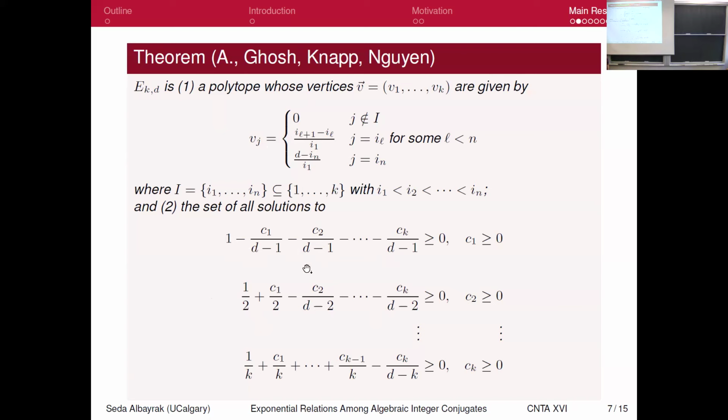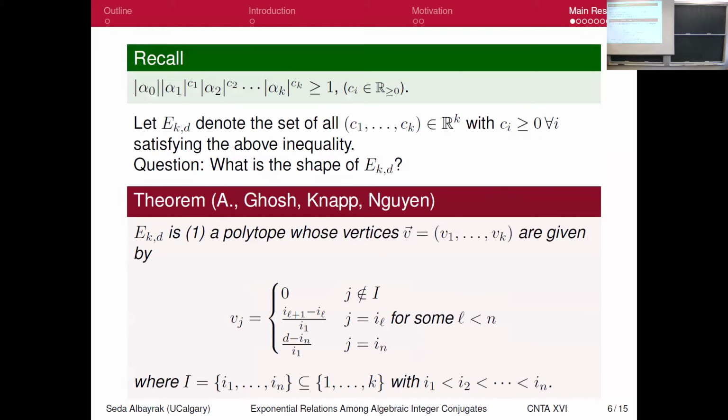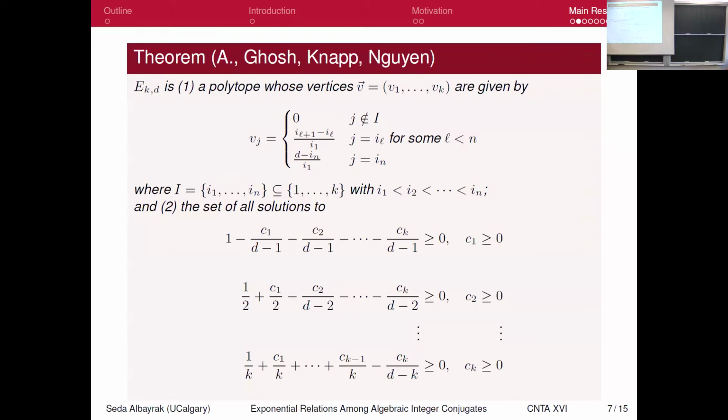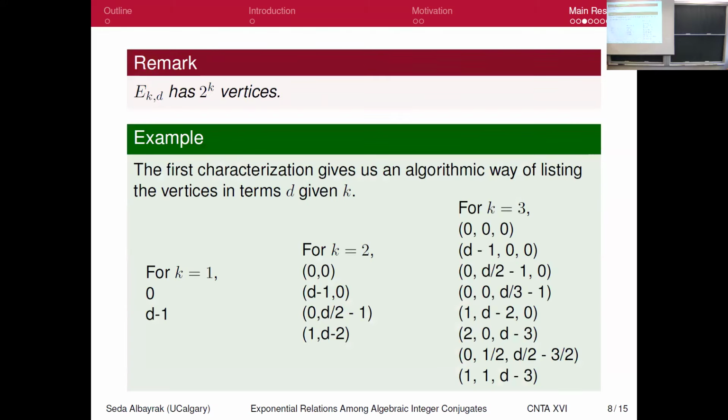That doesn't show anything about E_{k,d} yet. To show that, you use the definition of E_{k,d}, which we had here, to show that the vertices are in E_{k,d}, and then if you can show that E_{k,d} is convex, then you show pretty much everything. So that's how it goes, but this is too technical, too many inequalities, so let's look at some examples.